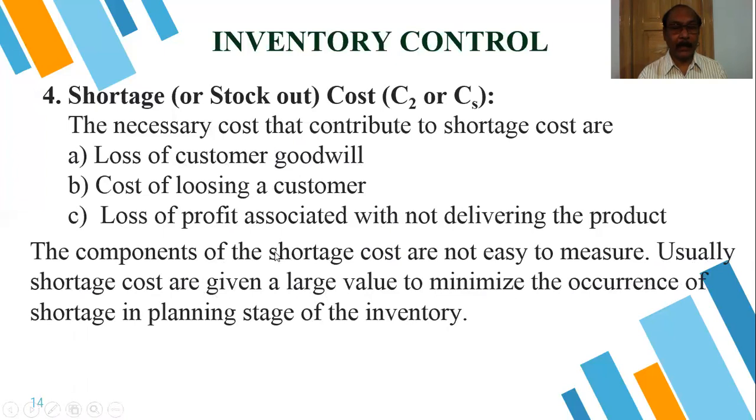We have to plan inventory control so that shortage never arises. We have to do that in the planning stage so that we can avoid shortage. Shortage cost is denoted as C2 or CS.